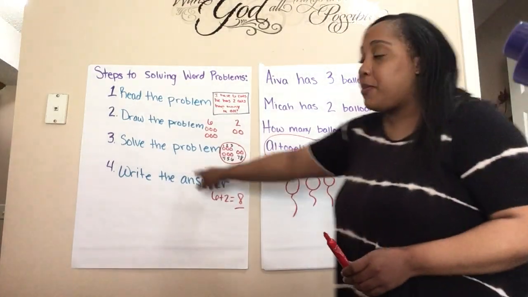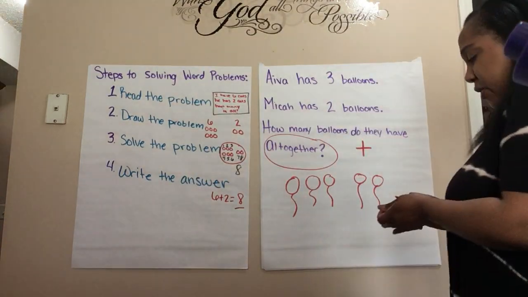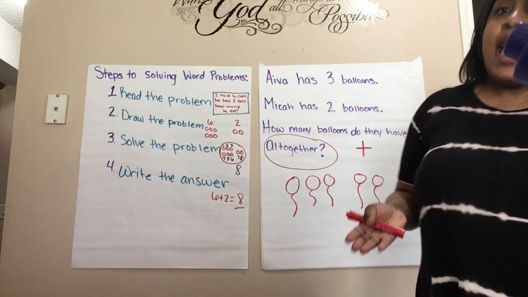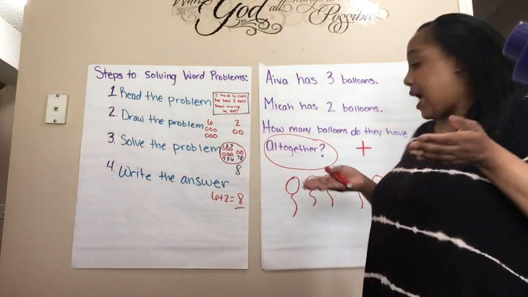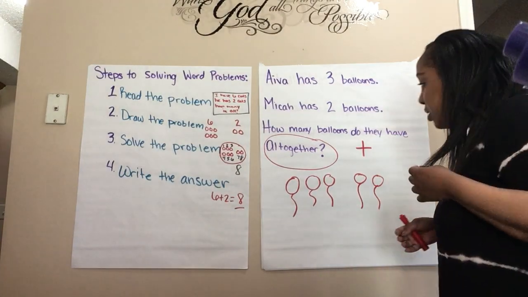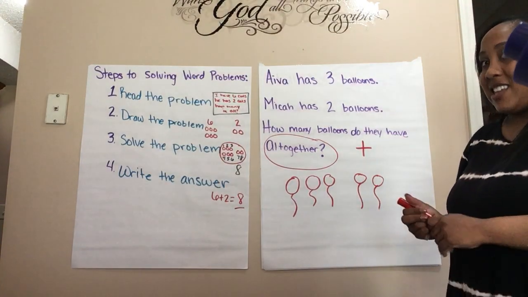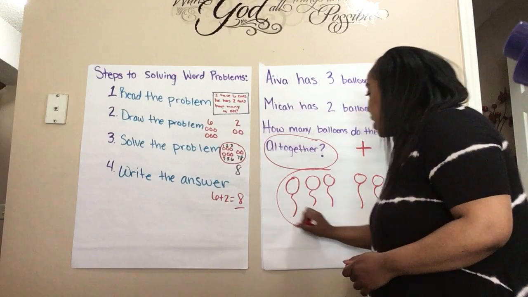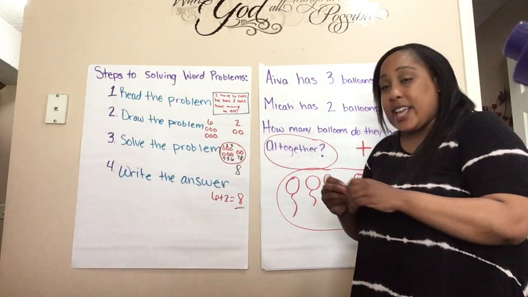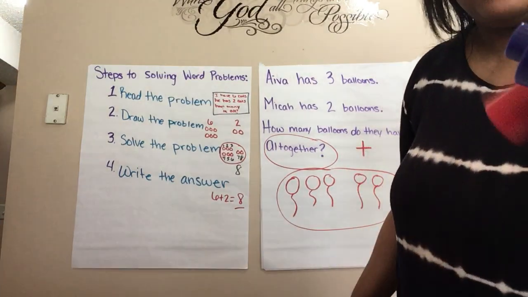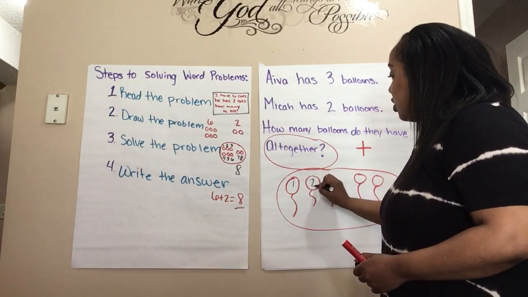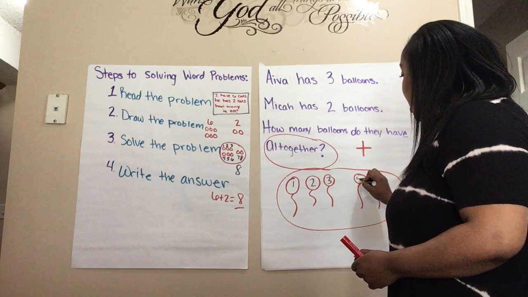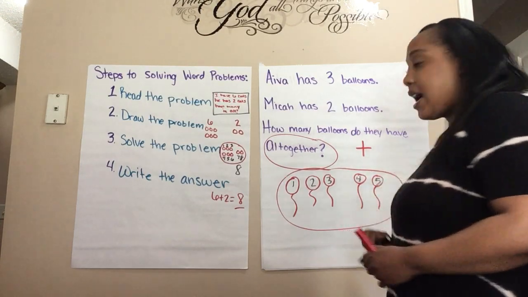Now step 3, we need to solve the problem. How can I figure out how many balloons Ava has and how many balloons Micah has all together? I can just count them. 1, 2, 3, 4, 5.